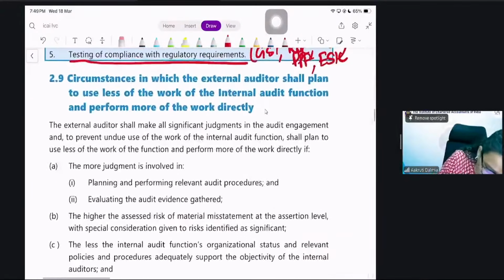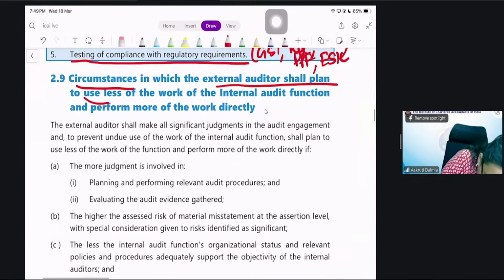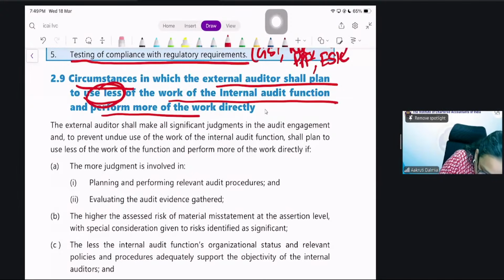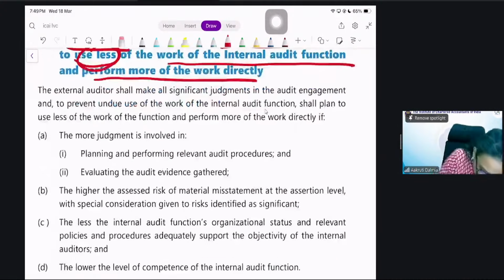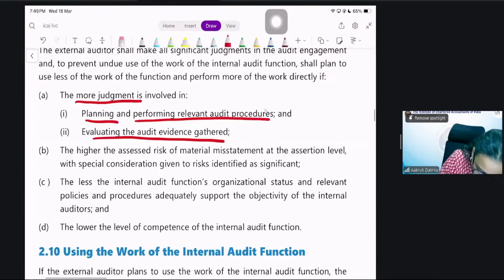Now, circumstances in which the external auditor shall plan to use less work of the internal audit function and perform more work directly. In which situation should we use less work? We should do less when there is more judgment involved, regarding planning and performing audit procedures and evaluating audit evidence.